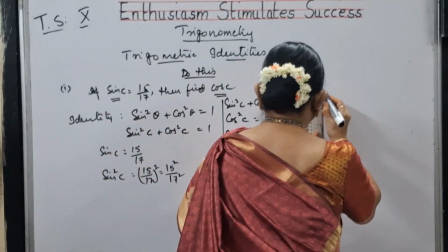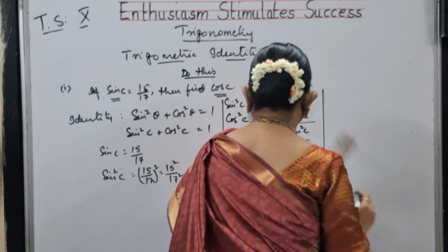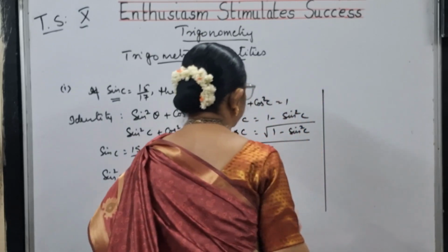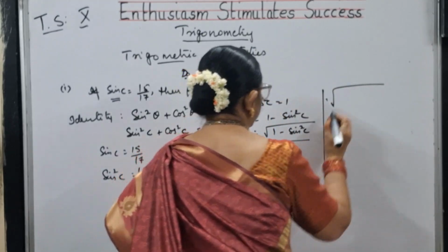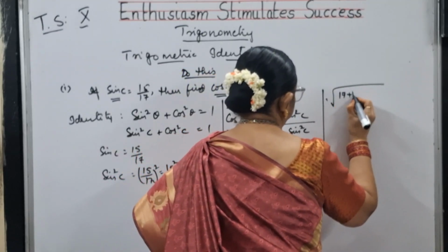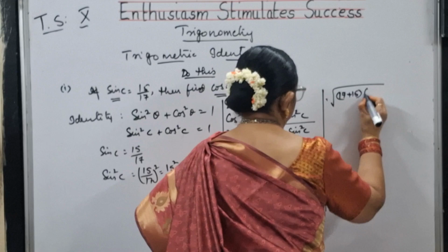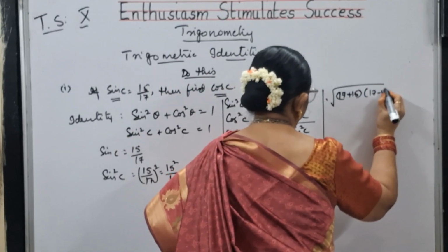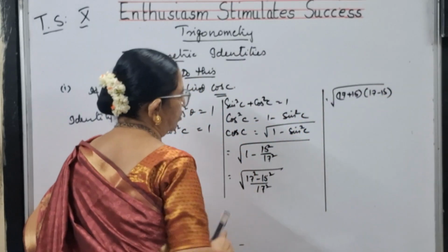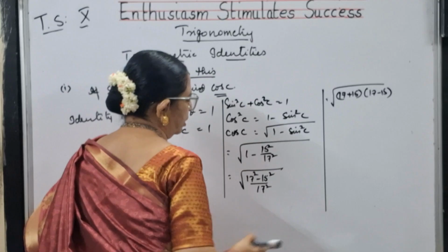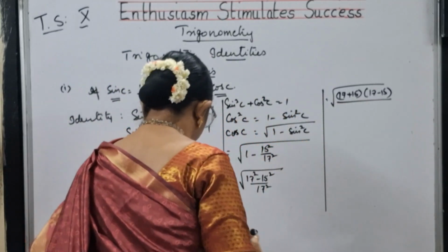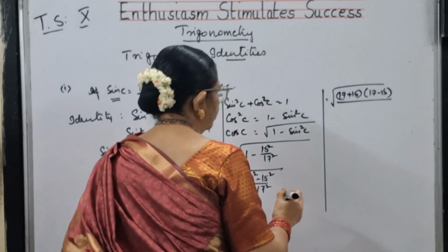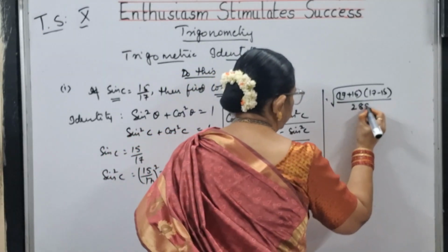This is in the form of a square minus b square. So you can write it as root of numerator 17 plus 15 into 17 minus 15, a square minus b square is a plus b into a minus b, by 17 square. 17 square is 289.